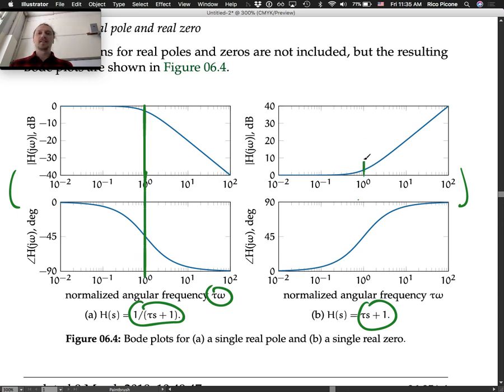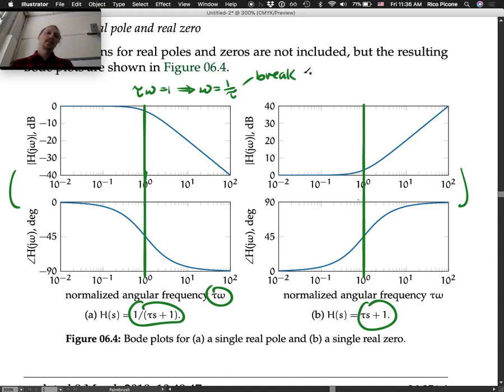So that's a sort of key point in these plots. And that is true when tau omega equals 1, which implies that it's true when omega, which is what we're typically going to be using as our horizontal axis, is 1 over tau. And this we call our break frequency.